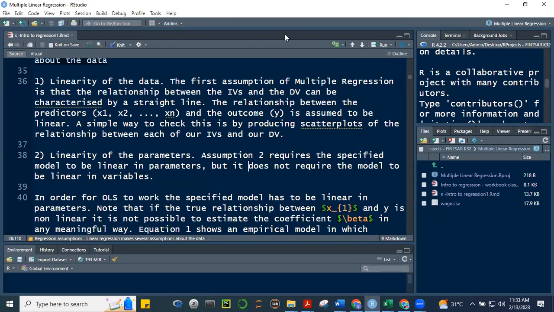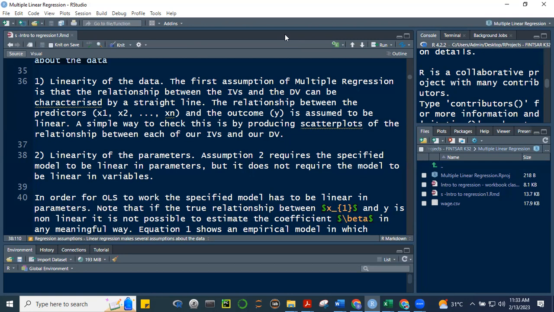Any questions about that? Is that clear, class? So first and foremost, there should be a linear relationship between your y and your x. If the relationship is not linear, then it would not be a good idea to use a multiple linear regression model.